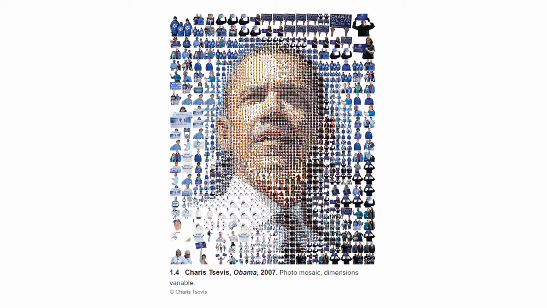The next point that we're going to look at is an array. An array is a collection of points, and we can create rich texture and entire images using an array. An array of points can create an entire image while retaining the energy of the individual parts. In this example, the artist combined images of hundreds of everyday people to create the image of then American President Barack Obama.